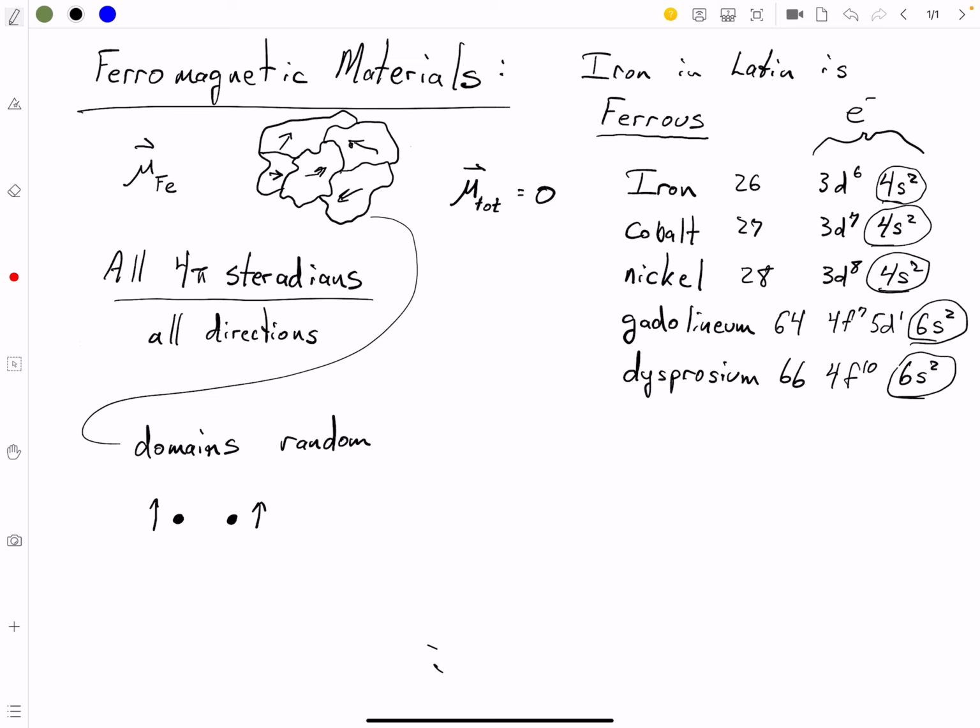And by aligning with each other, they find a minimum energy. Just like on Earth, we have found our minimum energy by sitting on the surface of the planet. Gravitationally, we have our minimum energy.